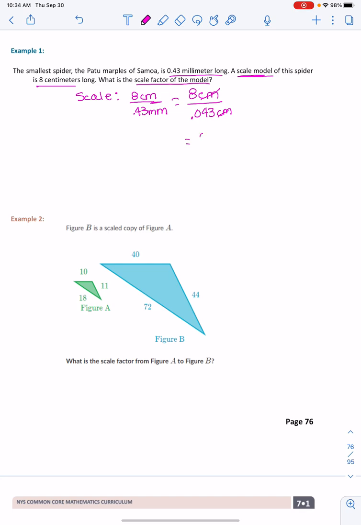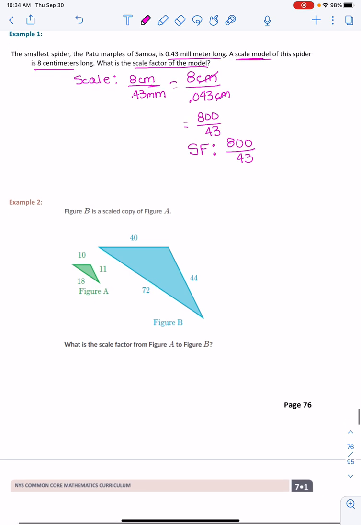So I have 800 over 43. Now, I don't believe that that can be simplified. But I'm going to try it anyway, other than it being a mixed number, it can't be. So that is our scale factor. So our scale factor is 800 over 43.